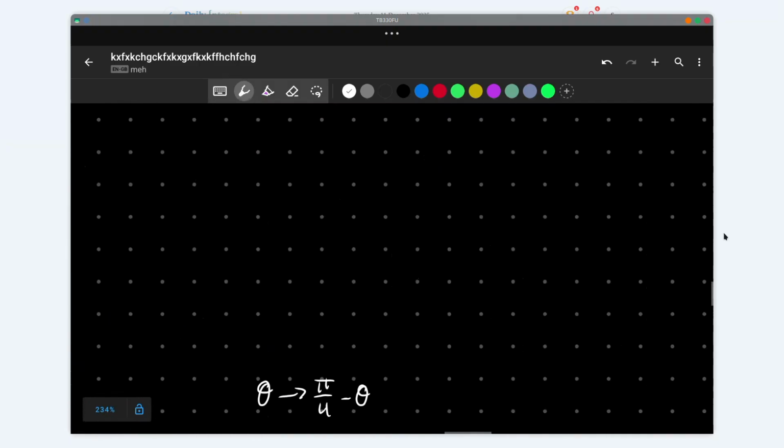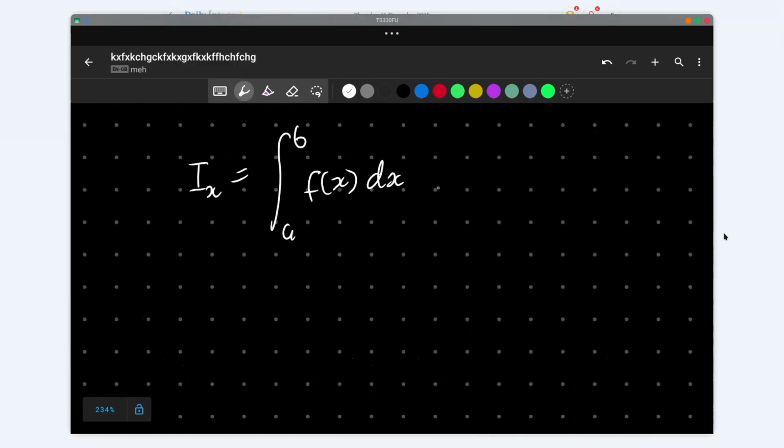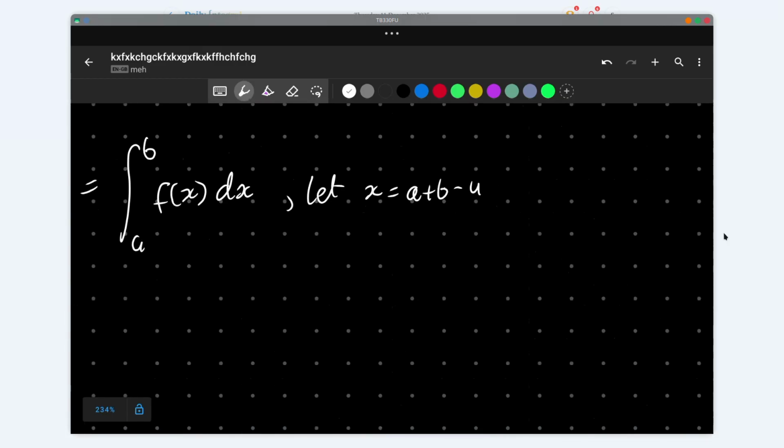If you're wondering why this works, consider the integral I of x, from a to b of some function g of x dx, and you let x equal a plus b minus u. So you've added the limits and subtracted a new variable.